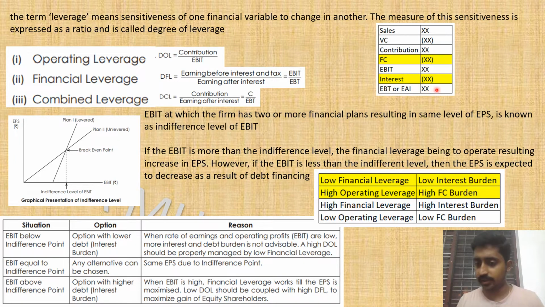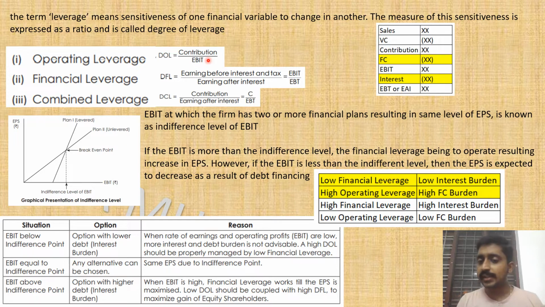This is the normal P&L, and from it, the contribution divided by EBIT is the degree of operating leverage. Fixed cost is lying in between, which is why I have highlighted it in yellow. So the degree of operating leverage is the ratio of contribution divided by earning before interest and taxation.